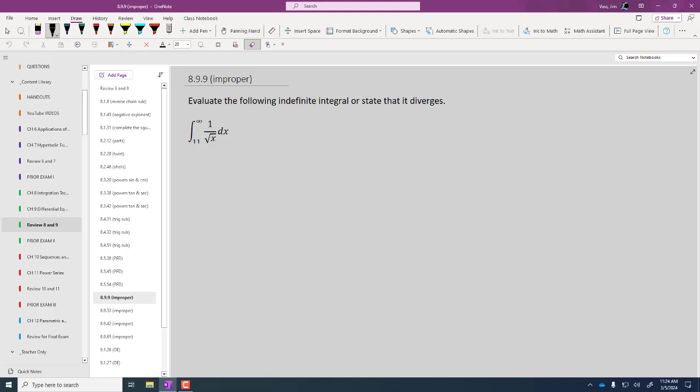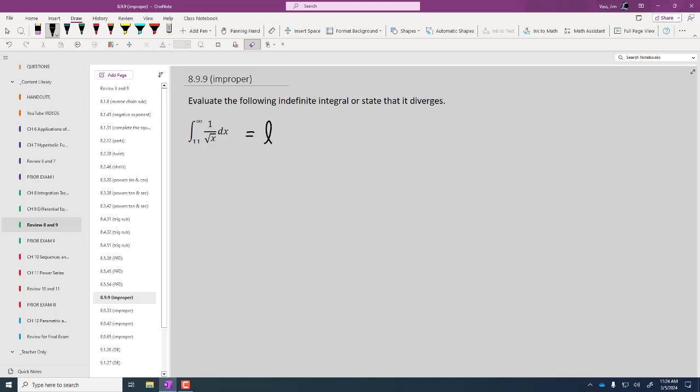Okay, so is this a horizontal or vertical tail? 11 to infinity. Horizontal tail. So in our mind, we should already be saying, oh, this is going to be infinite, right? And that helps you to not screw up the limits at the very end when you know what you're supposed to get.